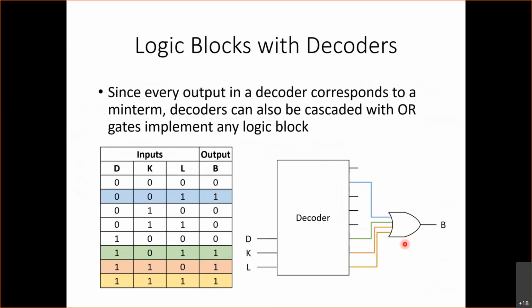And the reason this works is because each of these lines of the decoder corresponds to a minterm. So if we take the line corresponding to each of these rows, we get all the minterms inside of the OR gate. And remember that the equation for B can be expressed as the sum of all the minterms. Okay. Any questions about how we use the decoder to implement this circuit?